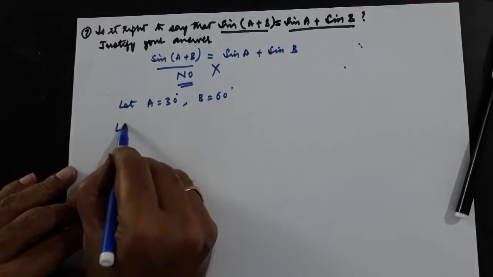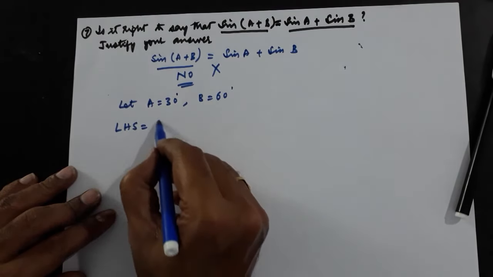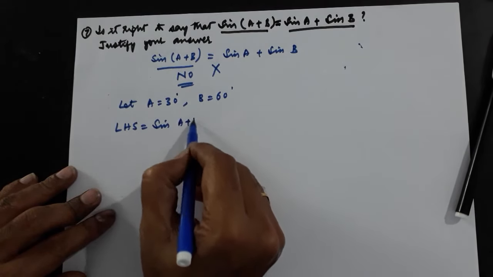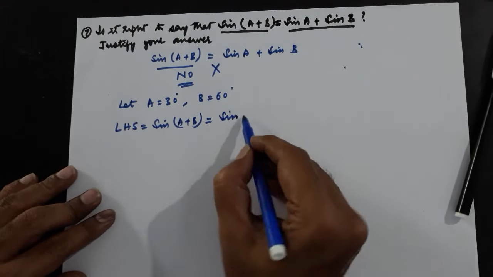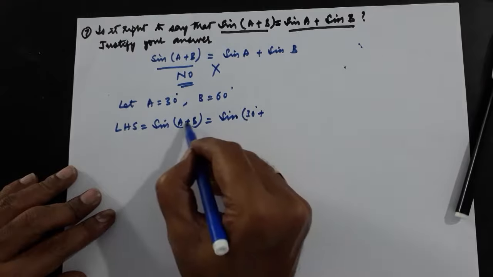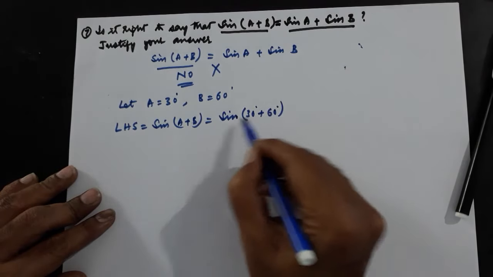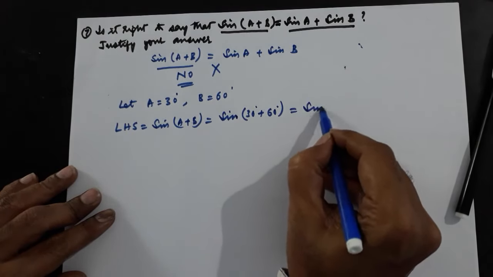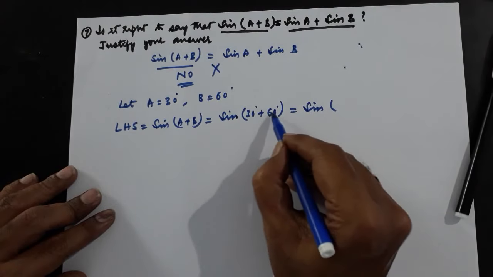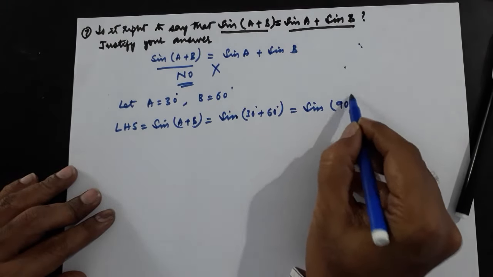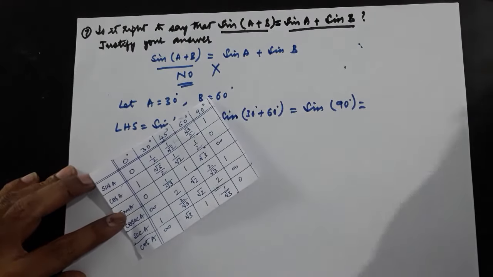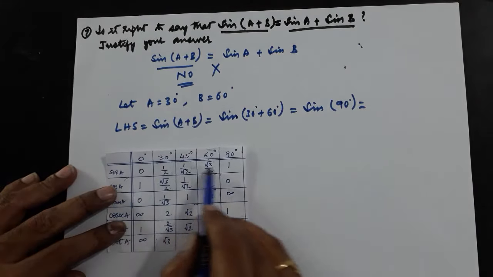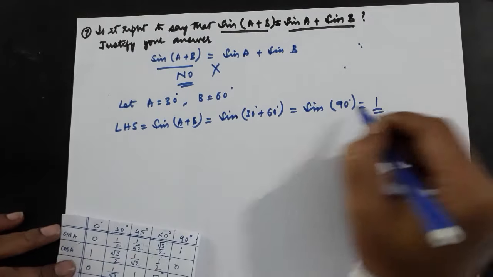The LHS, left hand side, is sin(a + b), which is sin(30 degrees + 60 degrees). 30 plus 60 is 90. So what is sin 90? Sin 90 is 1. We got LHS as 1.